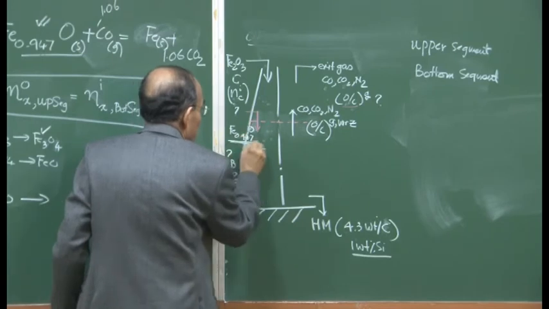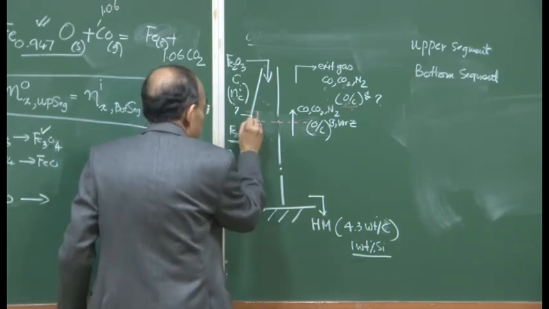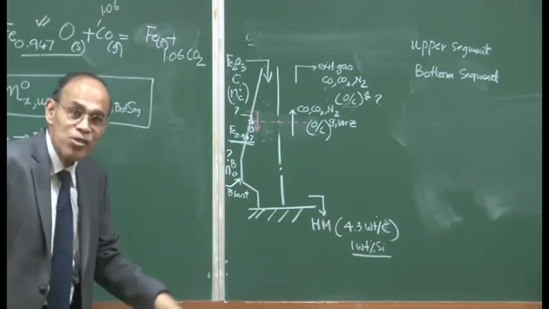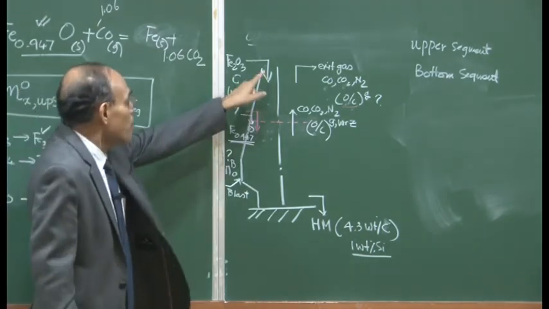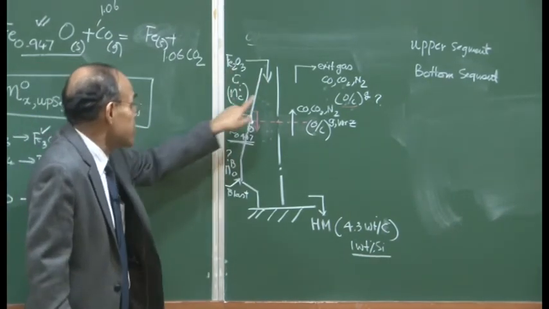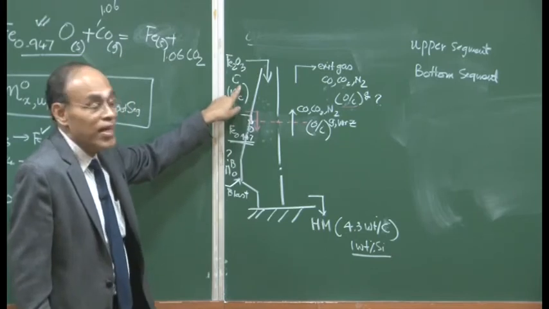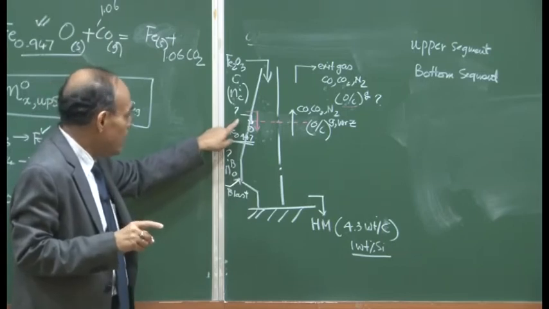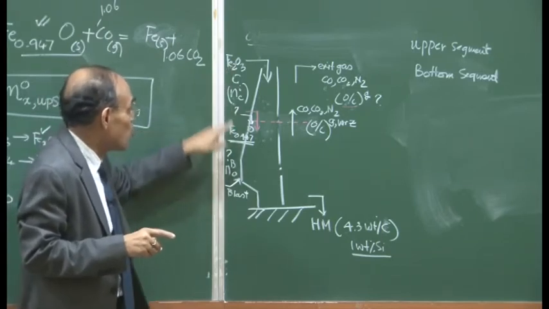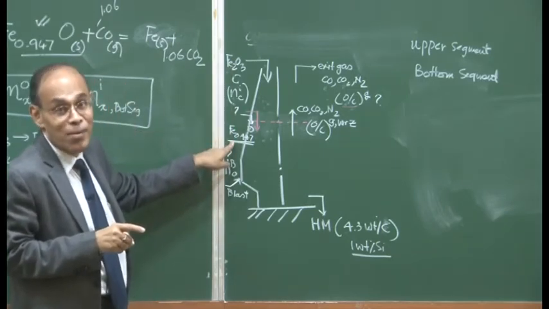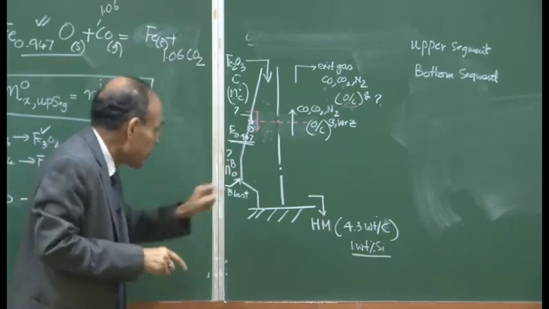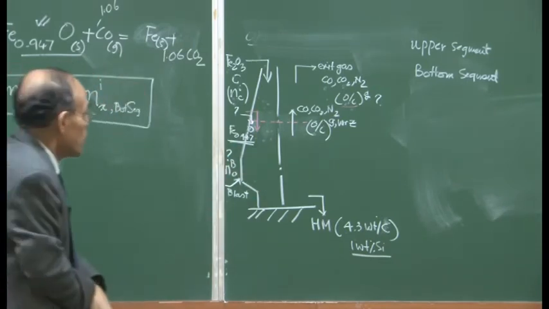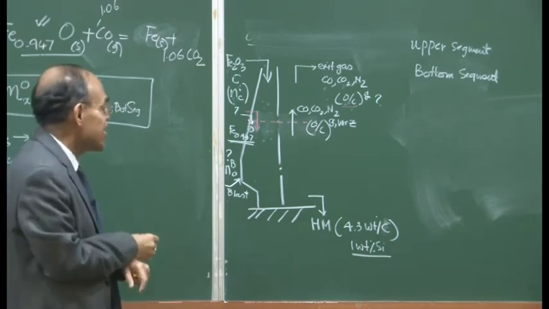That is my iron bearing material that comes into the furnace. So, the same coke comes into the overall furnace, Fe2O3 enters and some carbon enters. It is the same carbon which enters the bottom part, but as far as iron ore is concerned, it is not Fe2O3, but Fe0.947O, that is what enters the bottom segment itself.